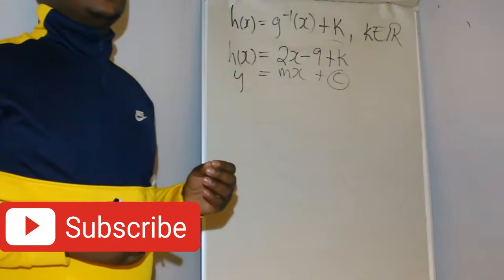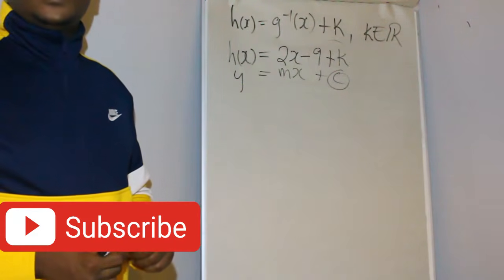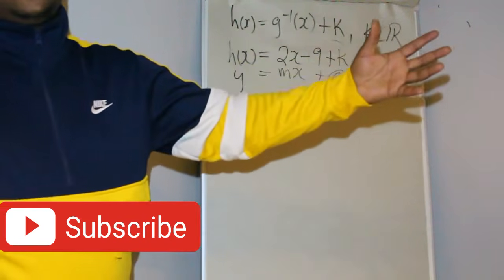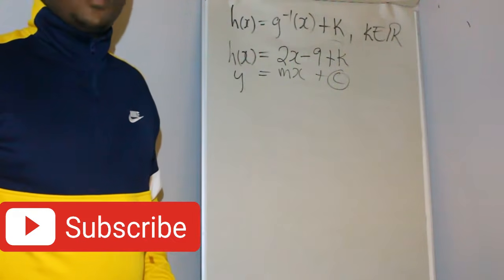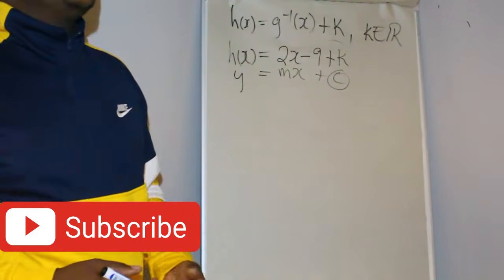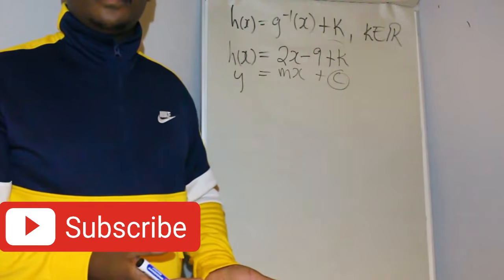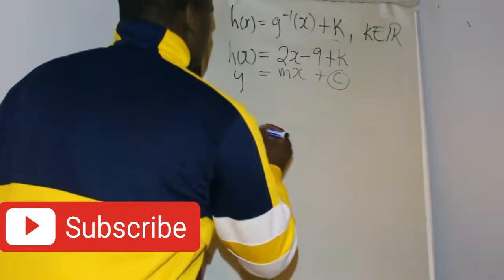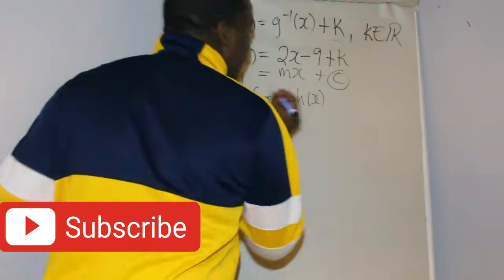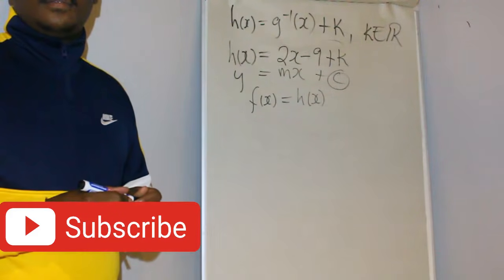They want us to find the point where this graph intersects our function f. So we want the point of intersection between f and h. You know that at the point of intersection, the y values of the functions are the same, which means f of x and h of x are the same there.